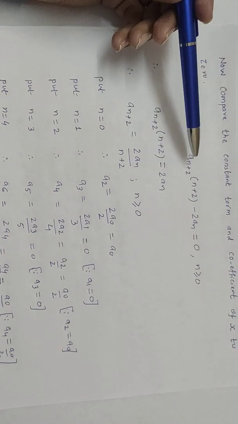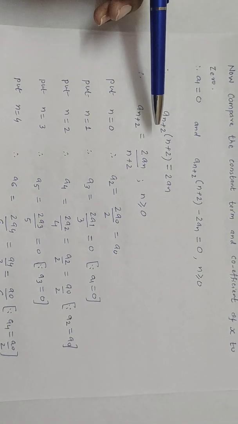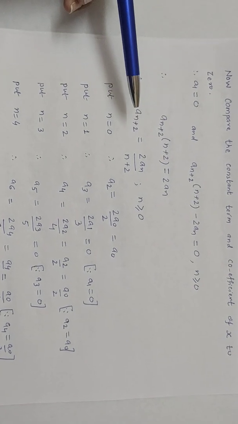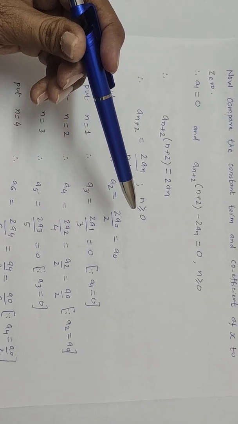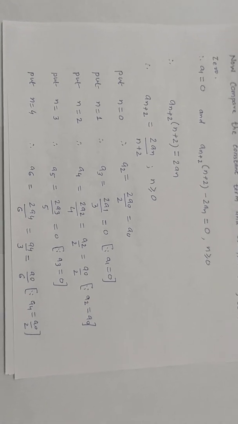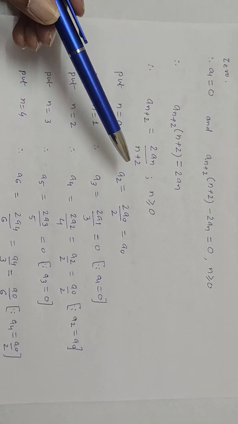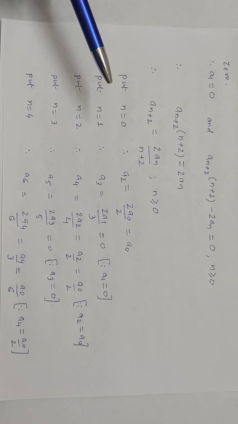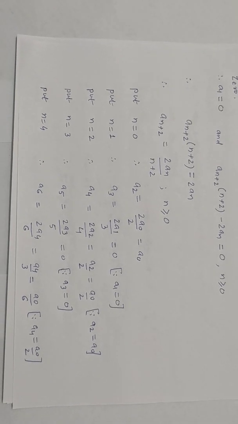So from here we have a recurrence relation, that is a_{n+2}(n+2) equals 2 times a_n. So a_{n+2} equals 2 times a_n divided by n+2 for n greater than or equal to 0. Now with the help of this recurrence relation, we will find out the values of a2, a3, a4, a5 and a6 and so on.